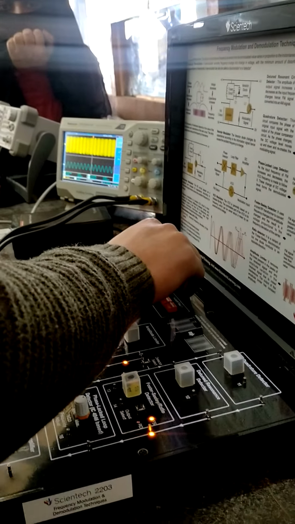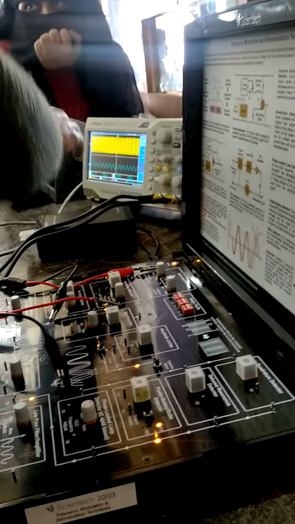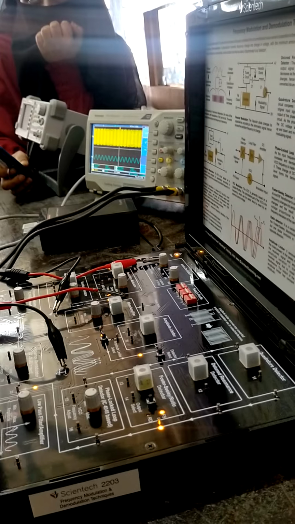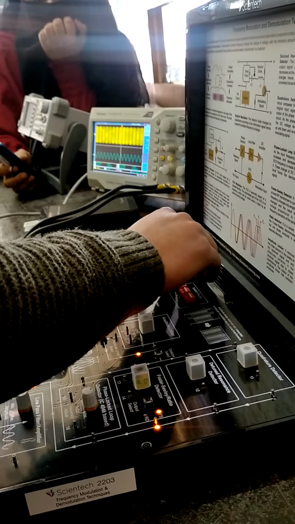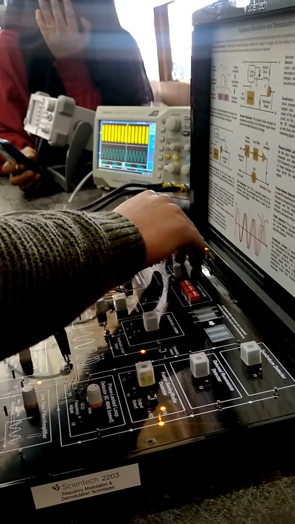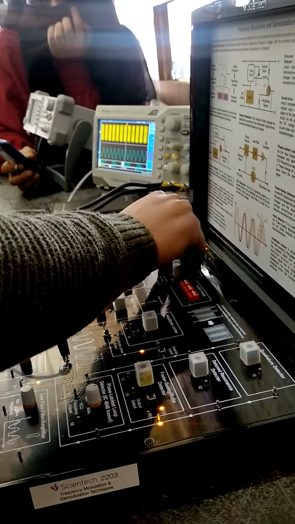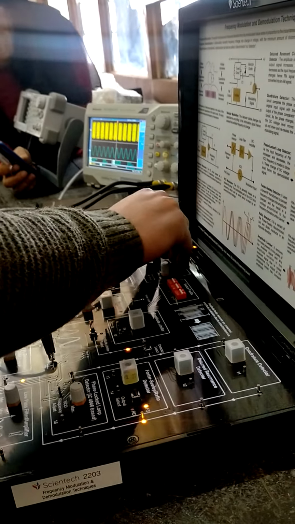For example, I am changing the amplitude. As soon as I am decreasing the amplitude, the less the carrier signal will be affected. Okay. As I increase the amplitude, the more the carrier signal will be affected by my message signal. Okay, and correspondingly, if I change the frequency in the similar manner, the FM signal will also change. Okay. We'll observe the same things.